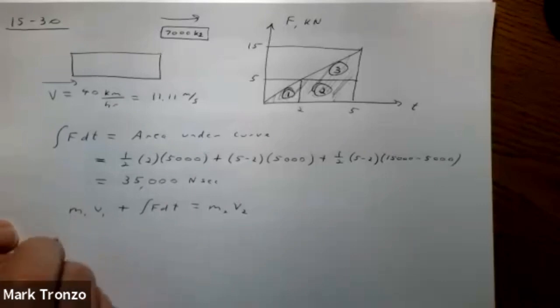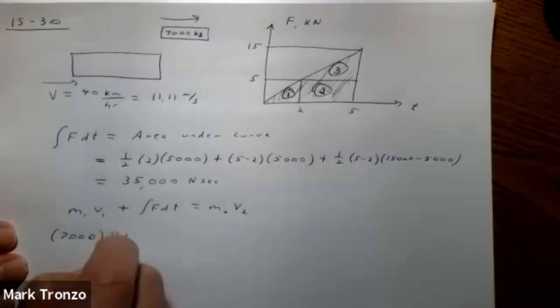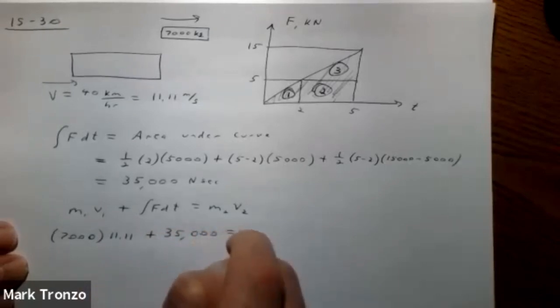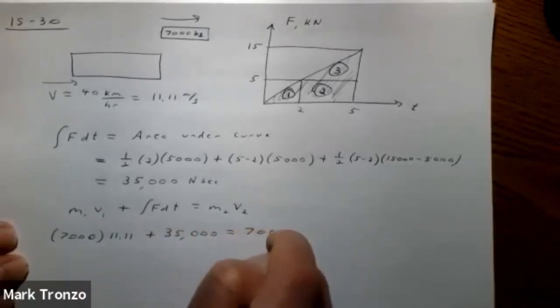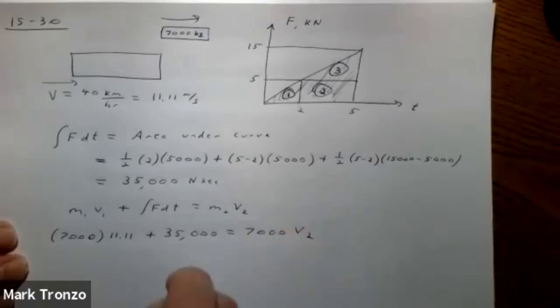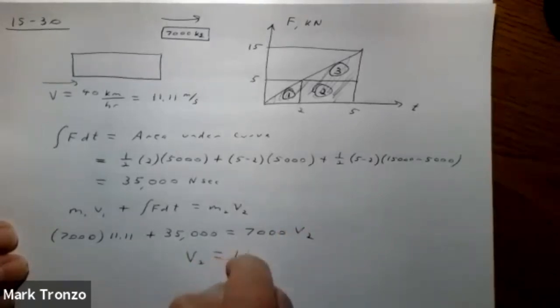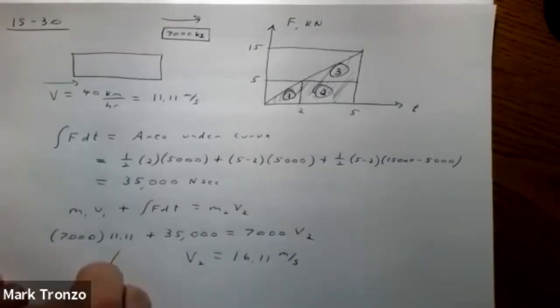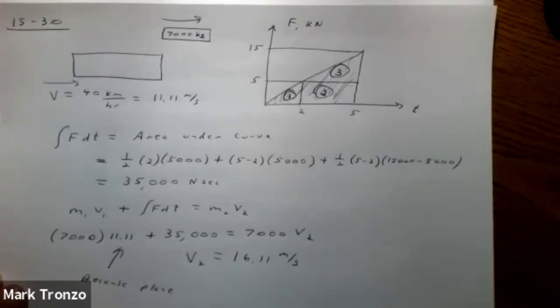So the initial velocity is going to be that 11.11 meters per second plus our 35,000 equals 7,000 kilograms times V2. And you put that in your calculator, 16.11 meters per second, like that. Again, remember this here, because the plane was moving with the barge before it took off.